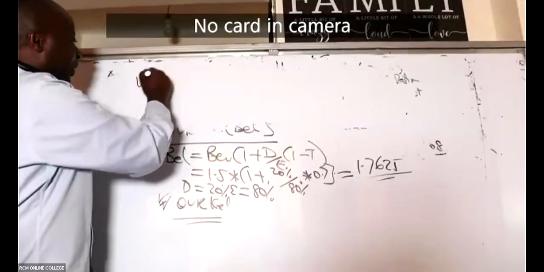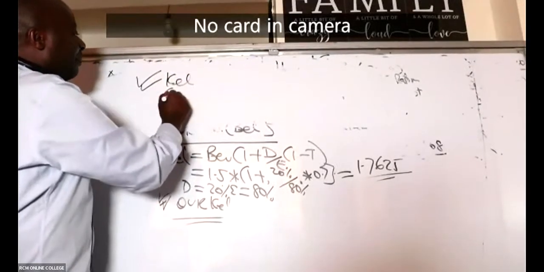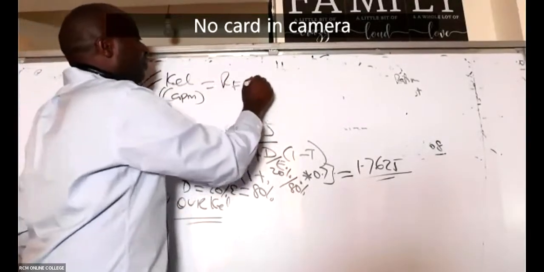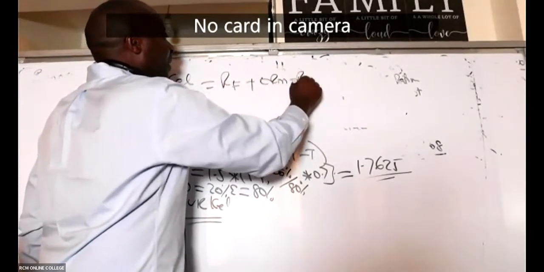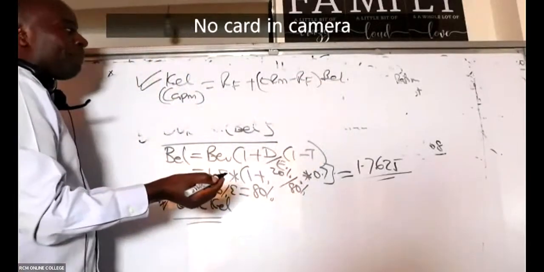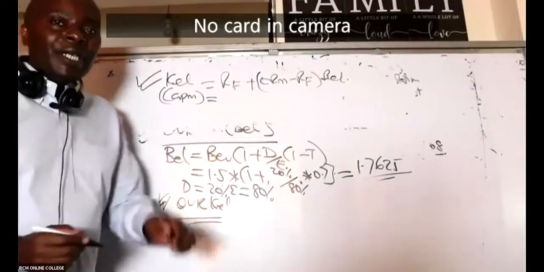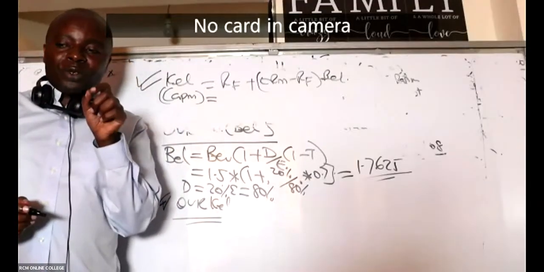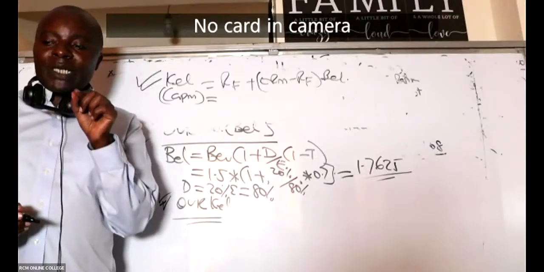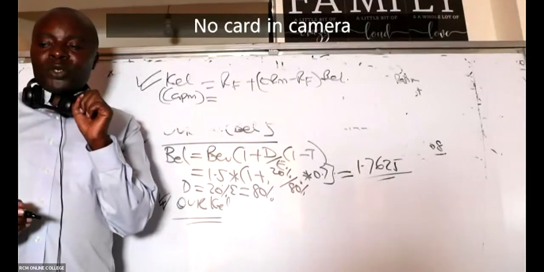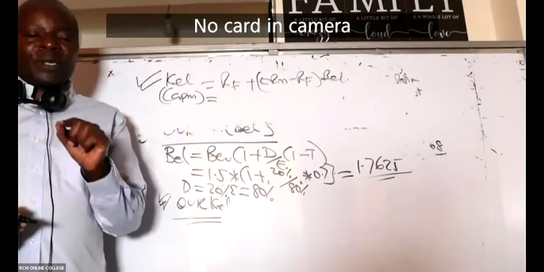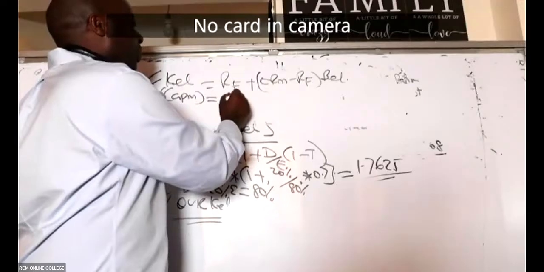So step number 3, Ke using the CAPM model. We know that this is risk-free plus (ERM minus risk-free) multiplied by the beta that you got up there. Has the examiner given me the risk-free rate of return? What percentage from the question? 12%, so 0.12.